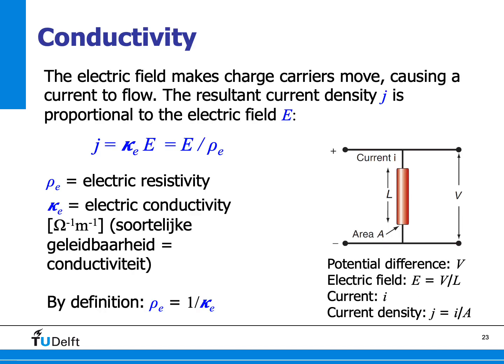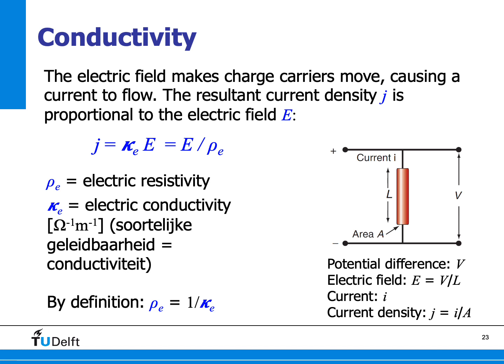This slide discusses the conductivity. The electric field makes charge carriers move, causing a current to flow. The resultant current density J is proportional to the electric field E. You can see that here in the equation. So this is the current density, and it's proportional to the electric field E, and the proportionality constant is kappa, which is the electric conductivity.